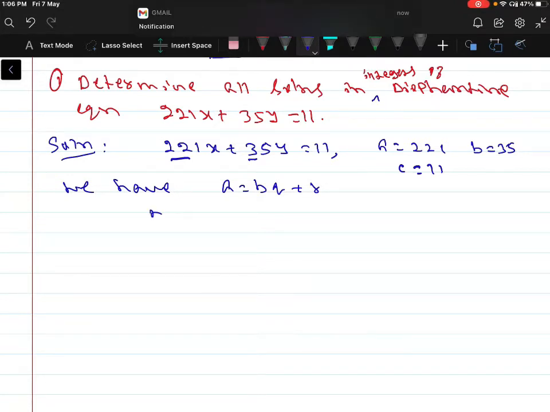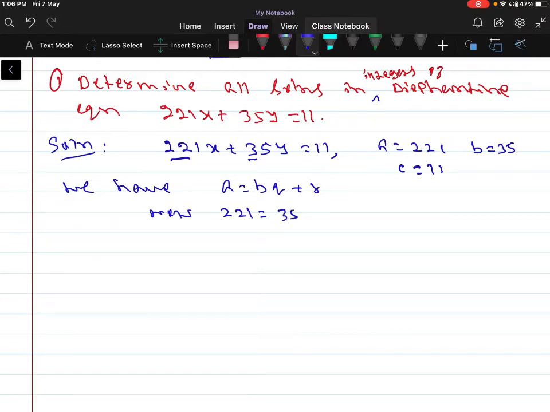So now 221 can be written, by using the division algorithm, as 35 into 6 plus 11. Let us apply the division algorithm for the integers 35 and 11. Now 35 can be written as 11 into 3 plus 2.